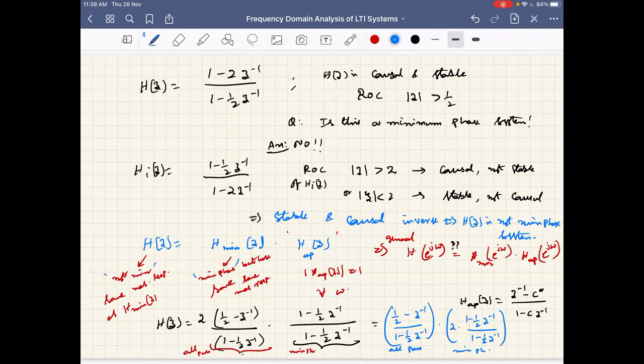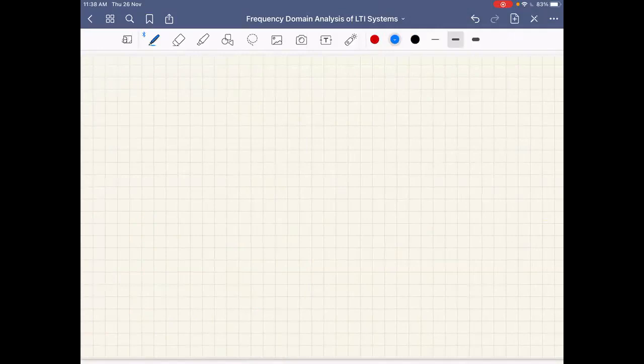Okay, let us take a slightly different example, to clearly see this. Let H(z) be equal to (1 plus 3z inverse) by (1 plus 1/2 z inverse).